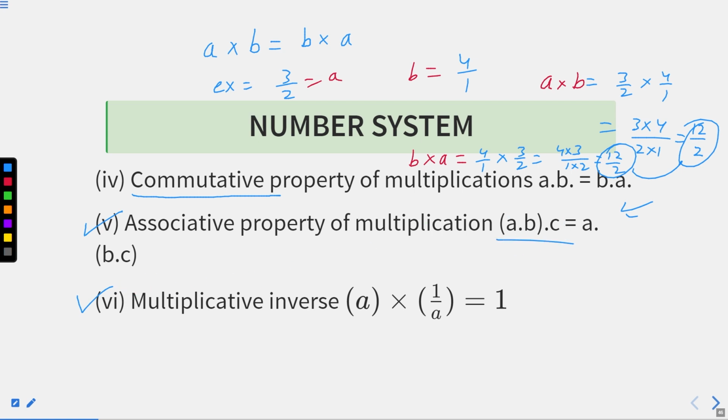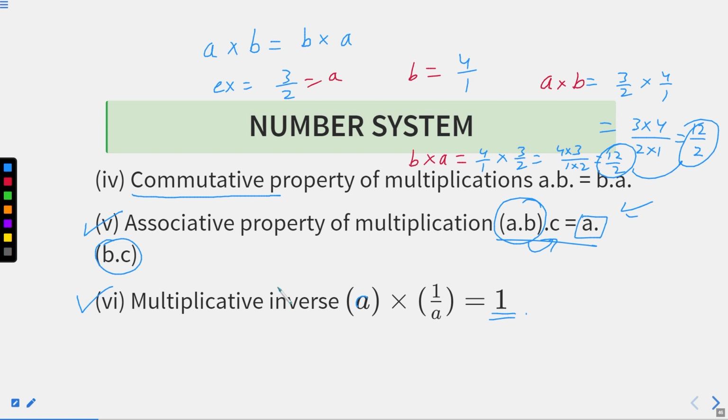In a similar manner, the associative property also holds for multiplication. Associative is easy: a multiply b multiply c. First we multiply a and b and then multiply with c, which is the same as multiplying b and c together and then multiplying with a. Okay, now multiplicative inverse. This property says that if a is any rational number, multiplied with 1 upon a, we always get our answer 1.